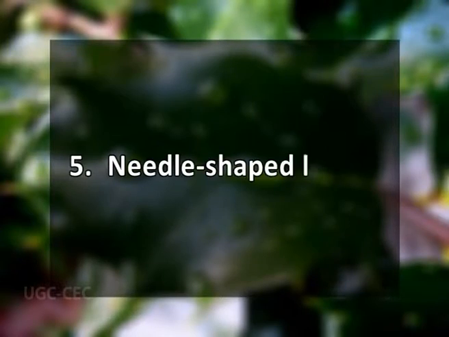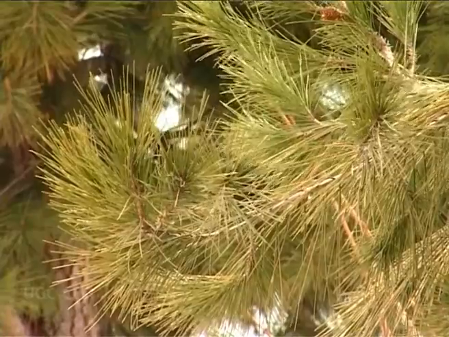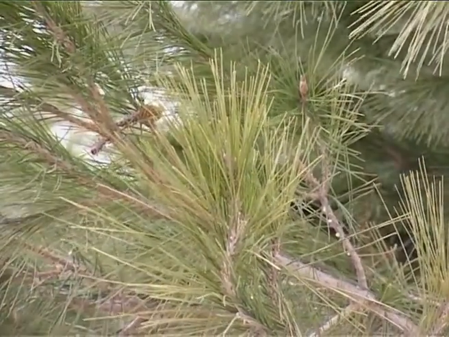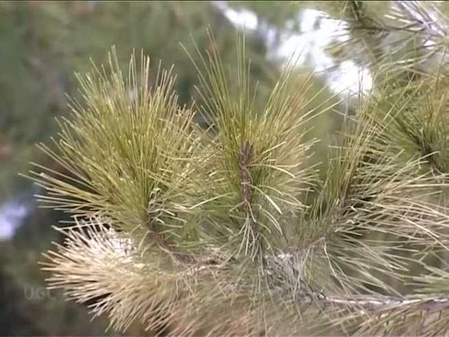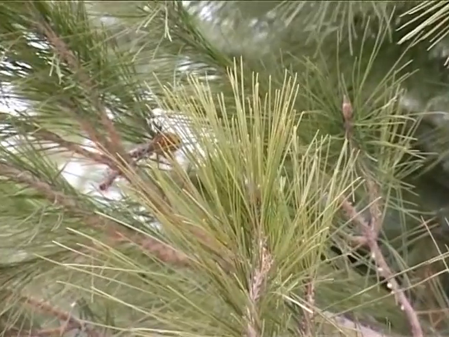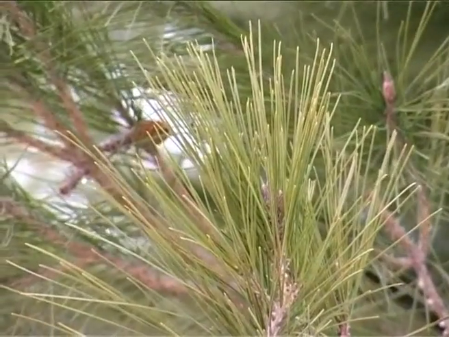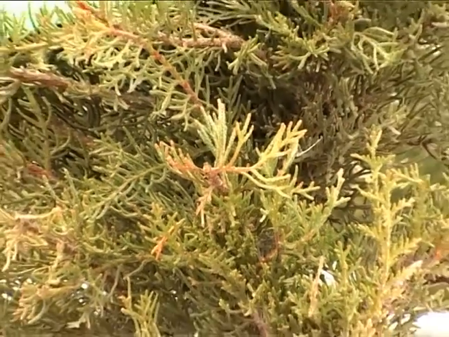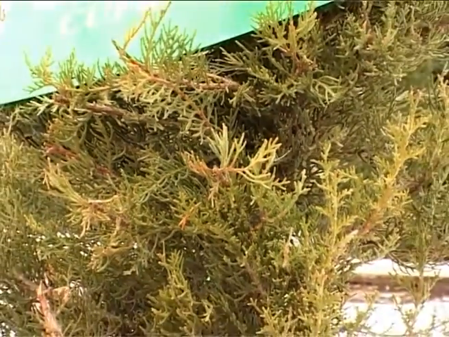The next leaf adaptation is the occurrence of needle-shaped leaves in many xerophytes. This is best exemplified by pinus plant, which develops needle-shaped leaves with minimal surface area and a larger volume. The needle-shaped leaves offer little surface area to light, which therefore contributes a lot in reducing water loss and transpiration.